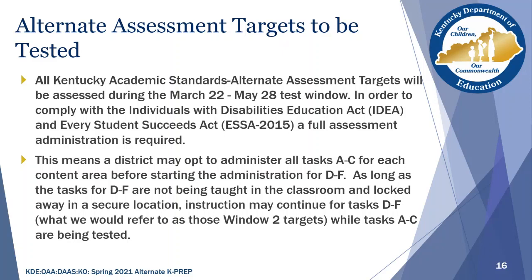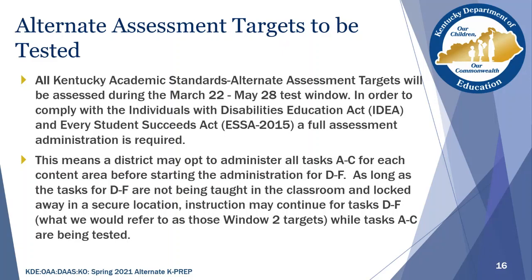So you can't be teaching tasks D through F themselves. They should be stored away in a secure location by the DAC or BAC until they are to be administered. But if tasks A through C are being tested, then the standards that link to tasks D through F, that instruction can continue.